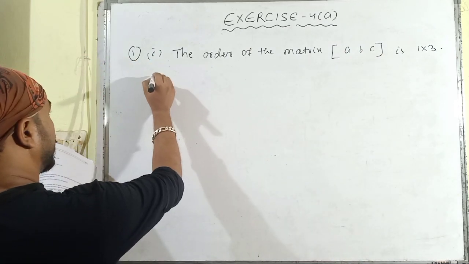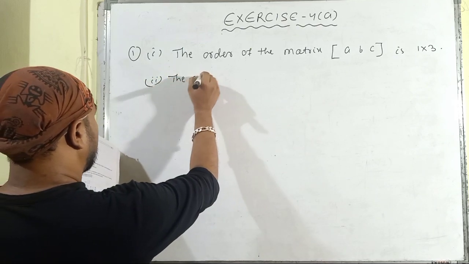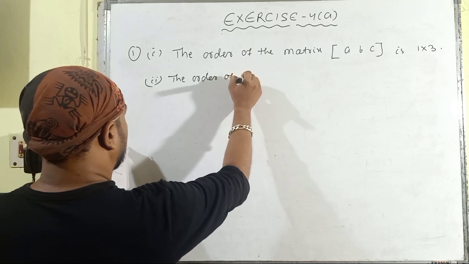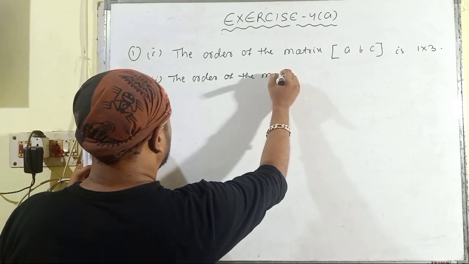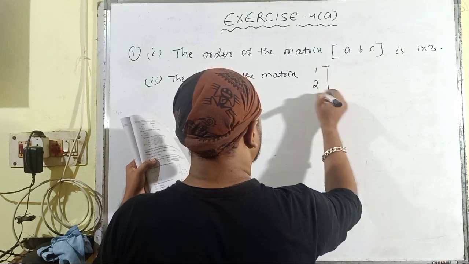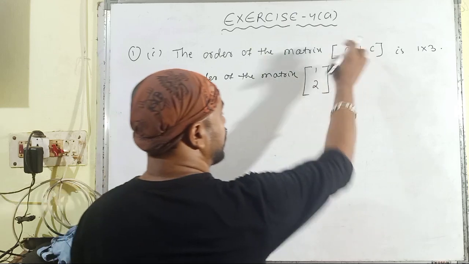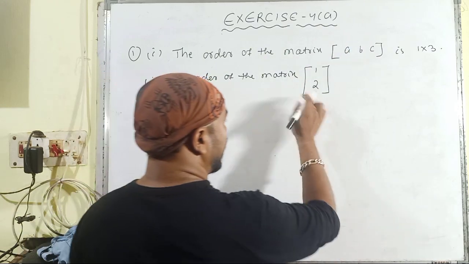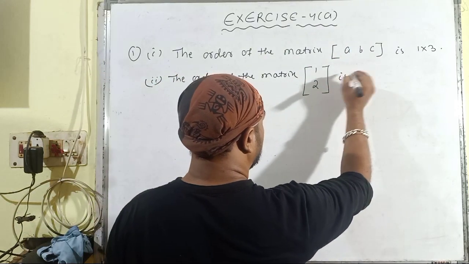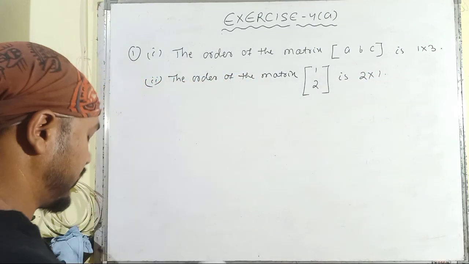Then the second one is here. The order of the matrix: it is a column matrix, the earlier one was a row matrix. Here the order is 2 cross 1 and it is a column matrix.